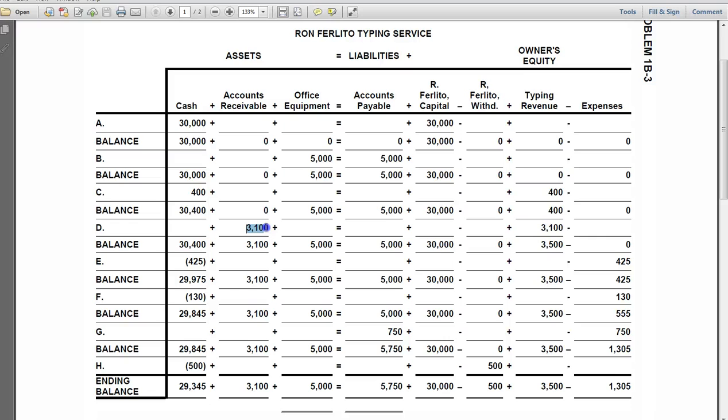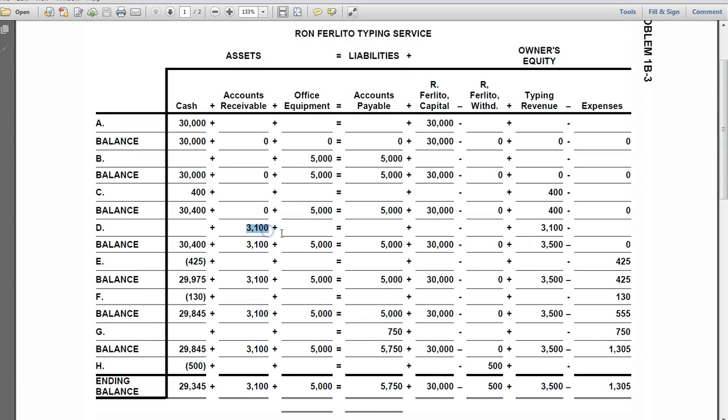In this problem it doesn't show that we do get it, but it's still an asset because it's a claim that we have on other people's assets. That's what accounts receivable are all about. Monies are to be received in the future, typically for the rendering of services or the sale of goods on credit, a sale of services on account as we have here.